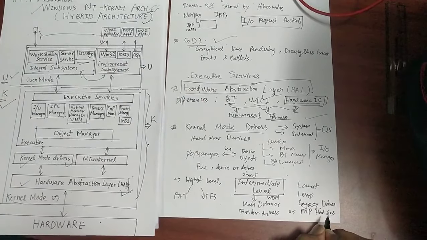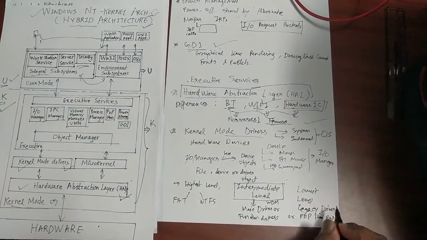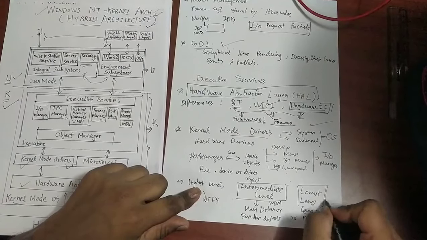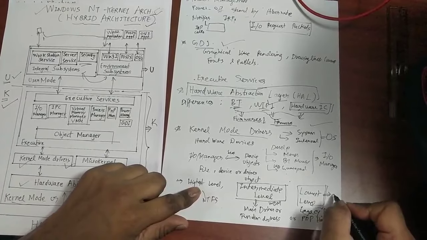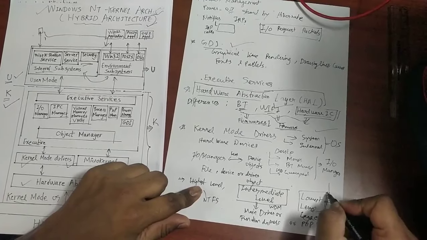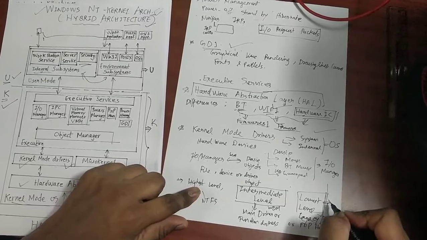These low-level drivers directly control hardware and do not rely on any other drivers. These are the levels which actually interact with hardware, the first level of interaction with hardware.